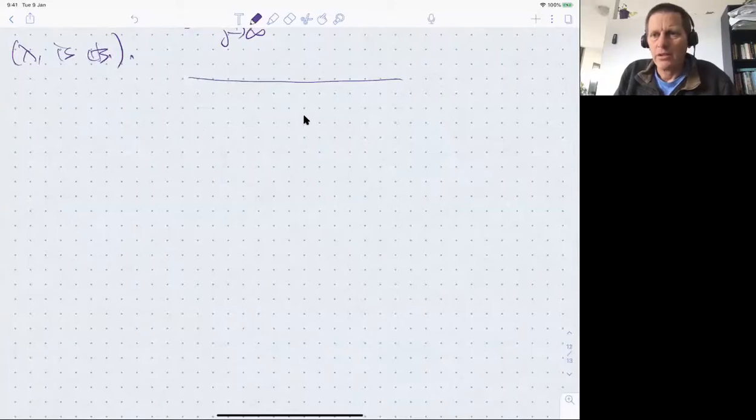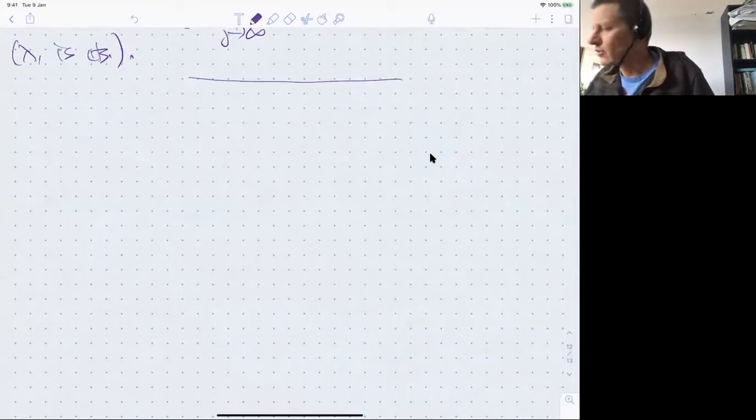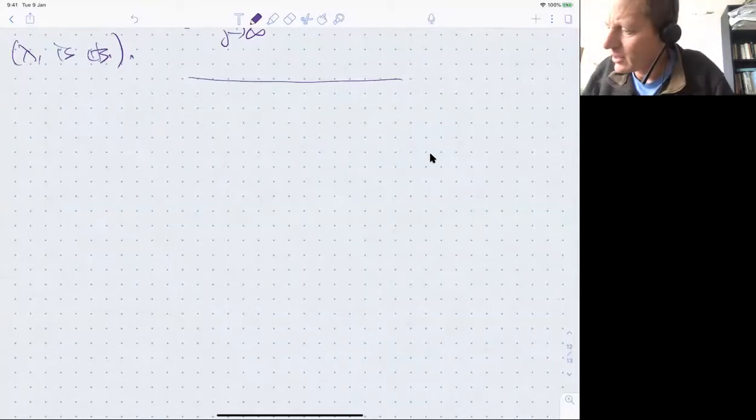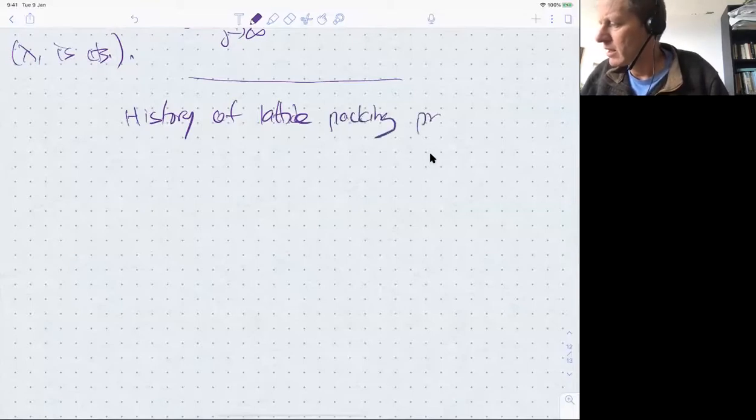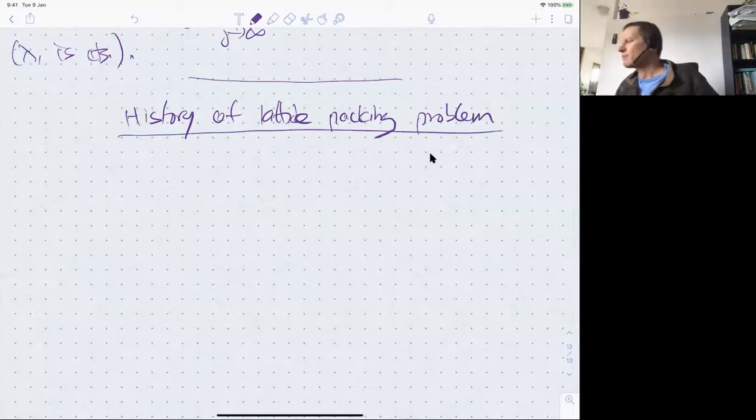All right. So, some history of this lattice packing problem. The question can be asked in any dimension, and there are partial results in some dimensions.